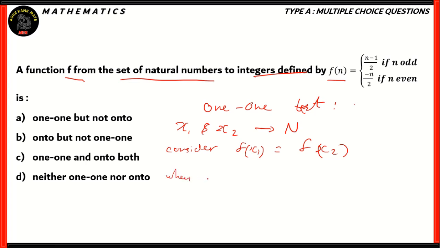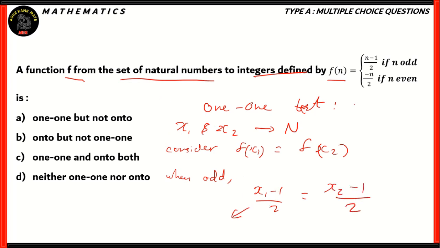So when x1 and x2 are odd, and f of x1 equals f of x2, then we have x1 minus 1 over 2 equals x2 minus 1 over 2.